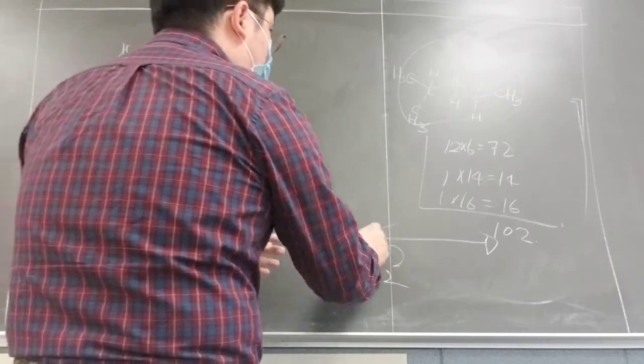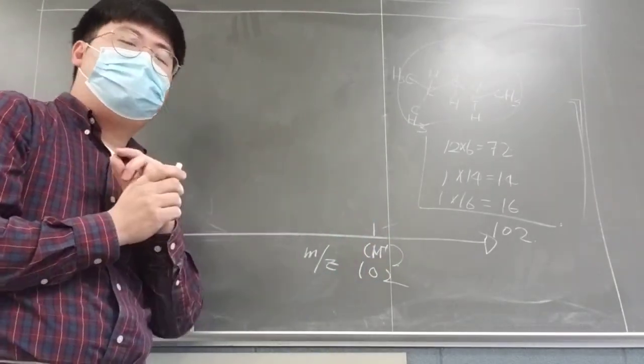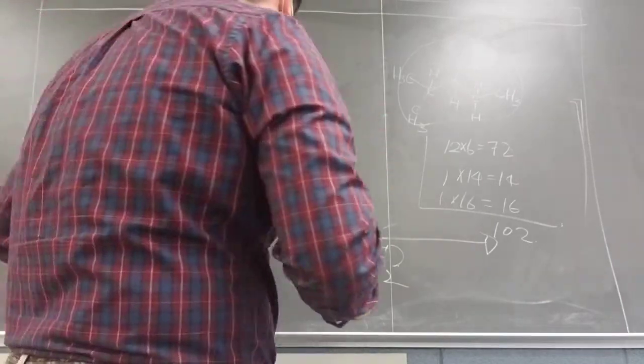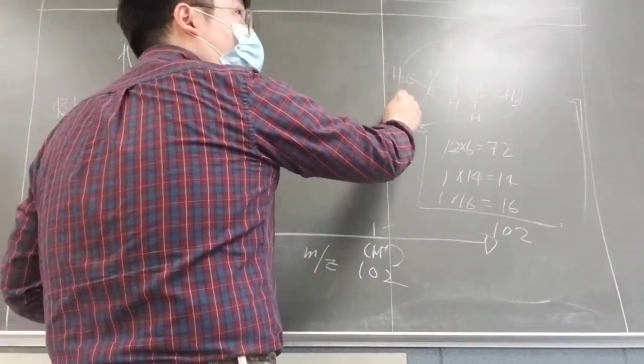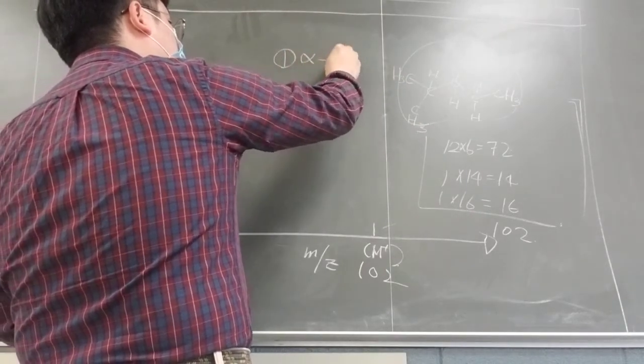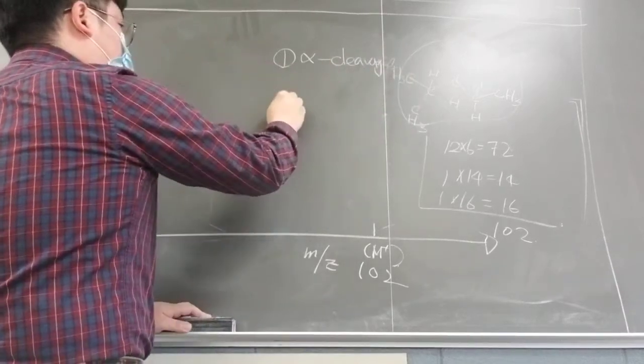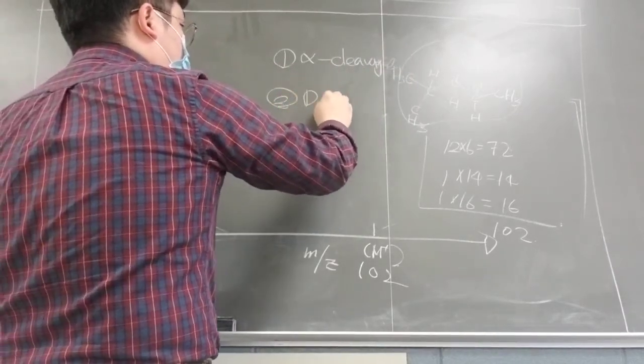So you may see that, but most importantly, you need to look at two possible scenarios. So once again, if it's an alcohol compound, you may need to think about the alpha cleavage, right? And another possible scenario is dehydration.